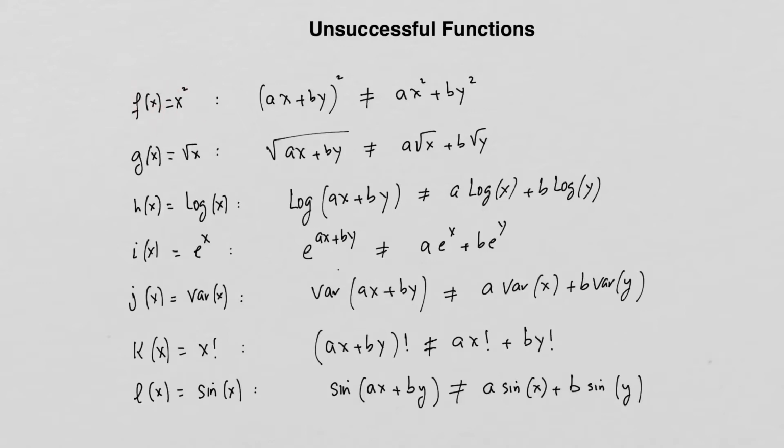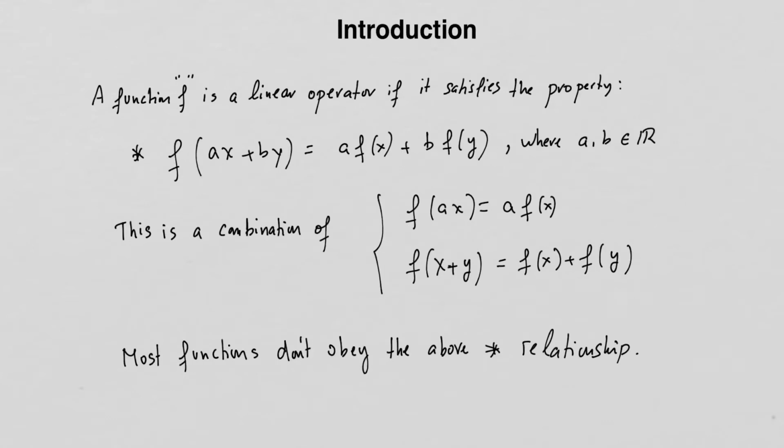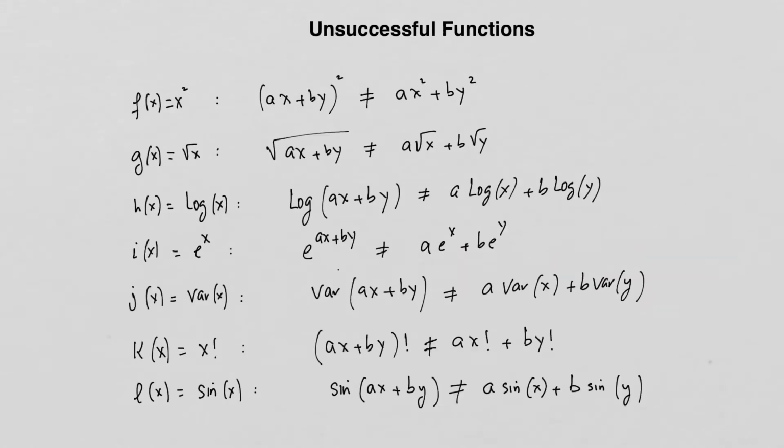X squared. We know for a fact that ax plus by quantity squared is not this, right? Because the answer is a squared x squared plus b squared y squared plus twice a b x y, right? So we know this is not true. Now, to prove that it is not true, again, I could just focus on this, and that would suffice. So we know for a fact that, I'll put it in blue, x plus y quantity squared is not x squared plus y squared.